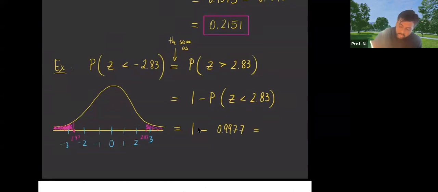0.9977. Subtract this. So it will be 1 minus 0.9977. So this would be 0.0023.